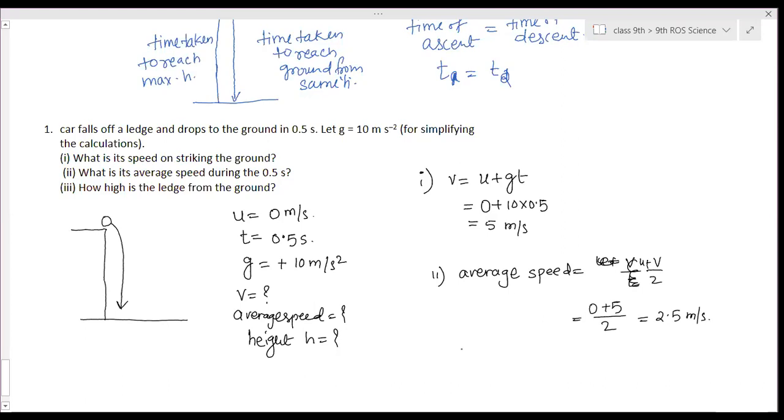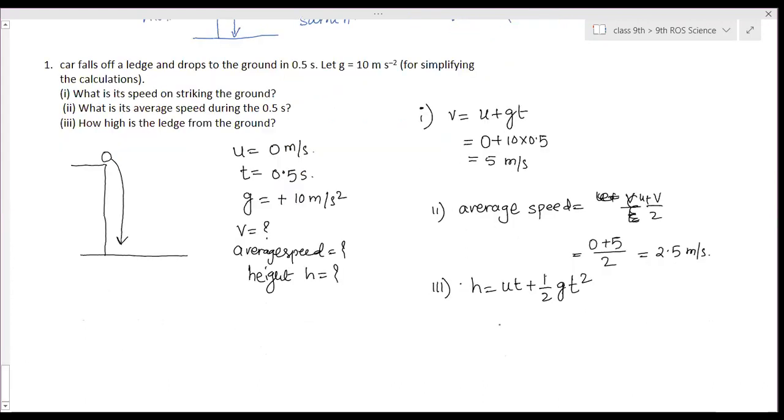And the third one, h value we have to calculate. For that we can use any second or third equation of motion. S equal to ut plus half gt square. Substitute the values. U is 0, so ut is 0. G is 10 into 0.5 into 0.5.